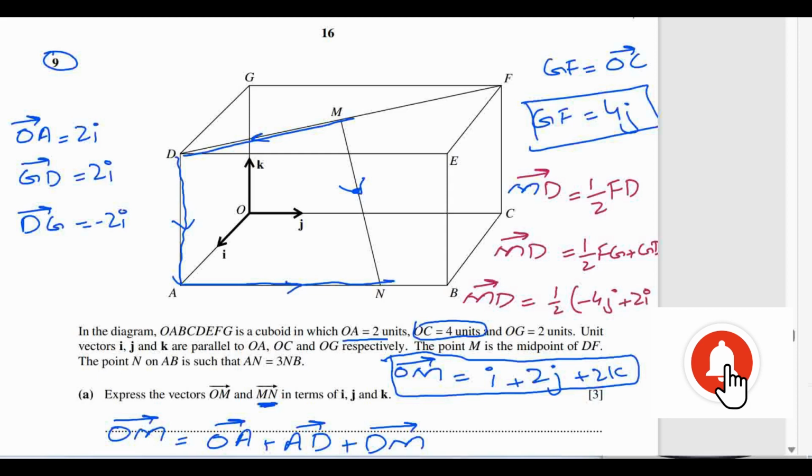You can see that GD is 2I and FG, this one is F to G. This will be equal to minus 4I minus 4J. So simply we can put it in the equation and we will get the final answer.